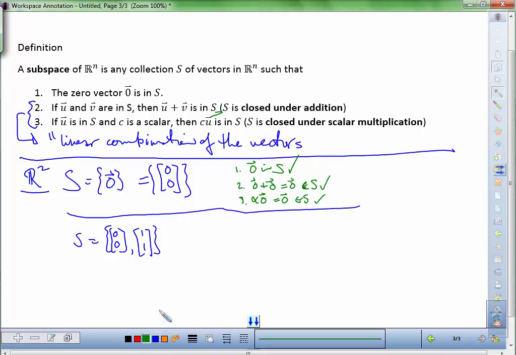Let's see. 0 is in S. If we add 0 plus 1, 1, this is also going to be in S. And if I have any number and I multiply that by 1, 1, is this going to be in S?